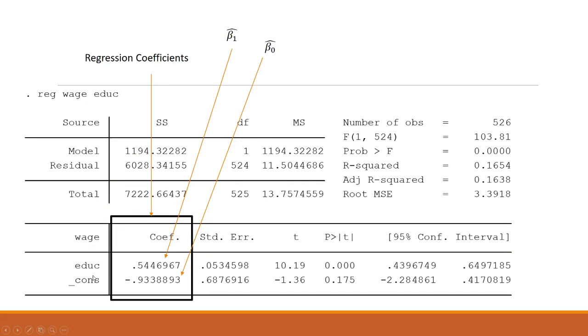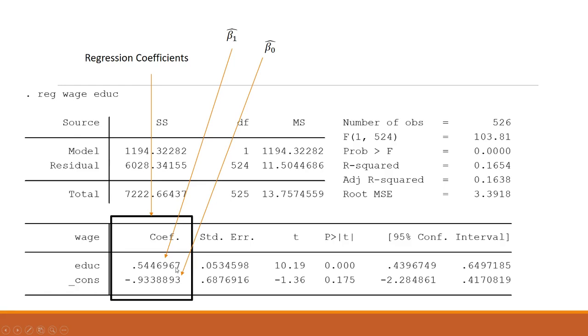All right. Where are our regression coefficients, our parameter estimates? That is the next column. It says coef, short for coefficients. This number here is the coefficient on education. That means this is beta 1 hat, our estimated beta 1.